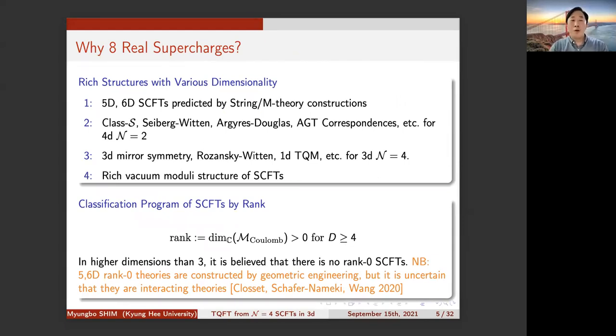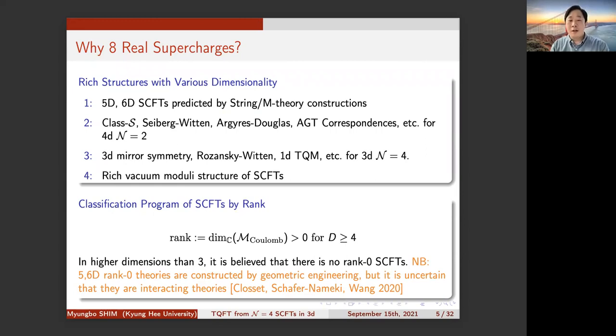However, why are we interested in the theories with 8 real supercharges? The theories with 8 supercharges exhibit rich structures in their different dimensionality. First of all, 5D theories and 6D theories are predicted by string or M-theory construction.